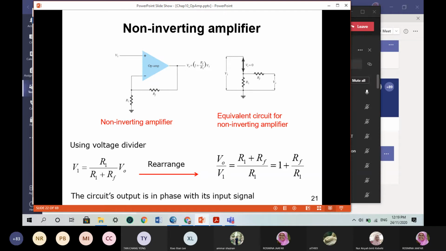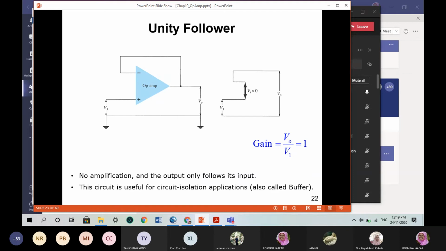And for a unity follower, you connect the V plus input terminal to the input, and you simply short circuit the V minus to the output terminal.